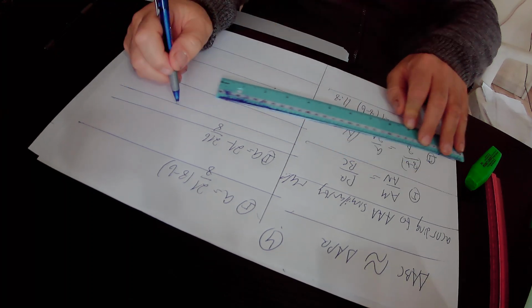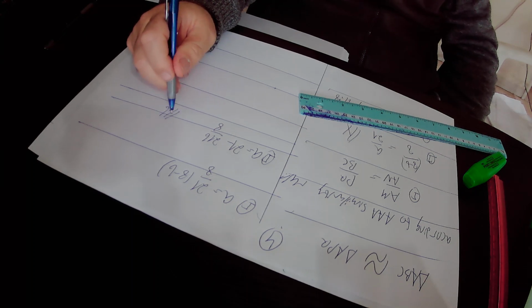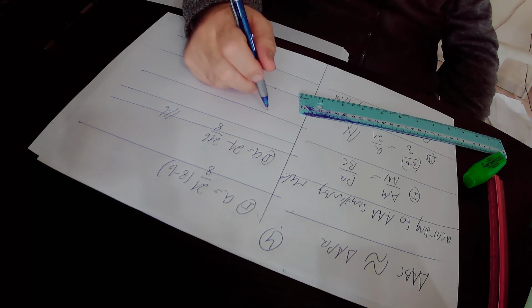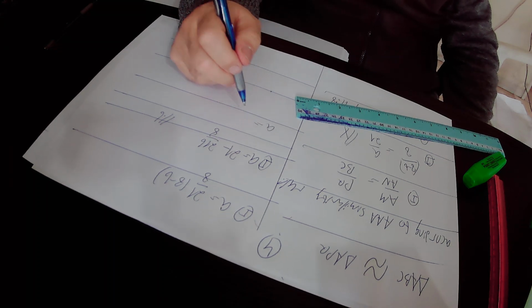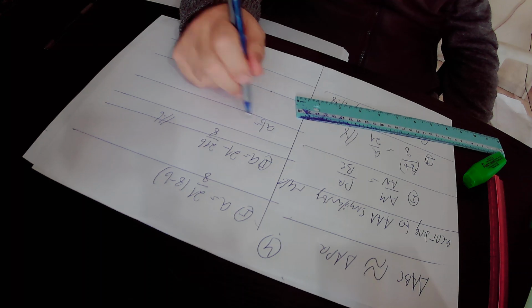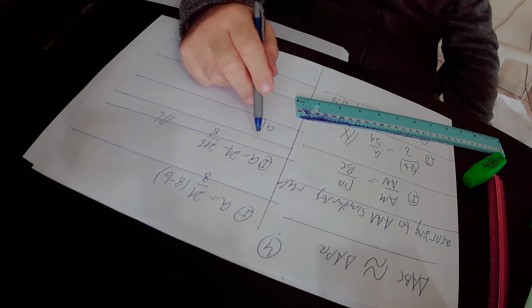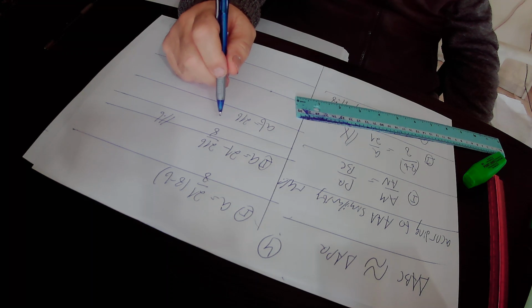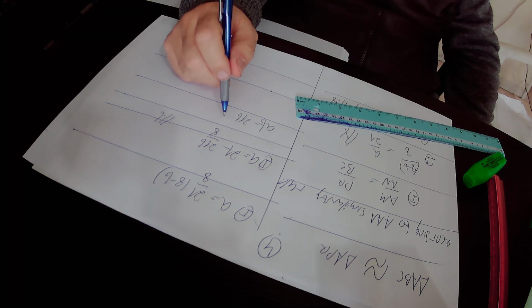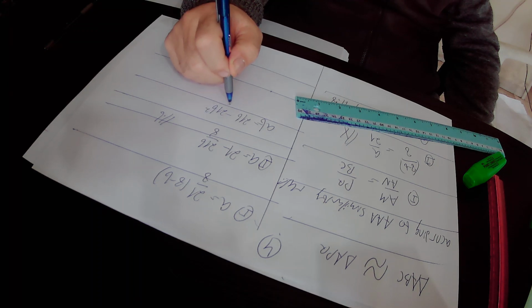So here we multiply this equation 1 by B, and finally we get that A times B equals 21B, and here minus 21B over 8 times B is minus 21B squared over 8.